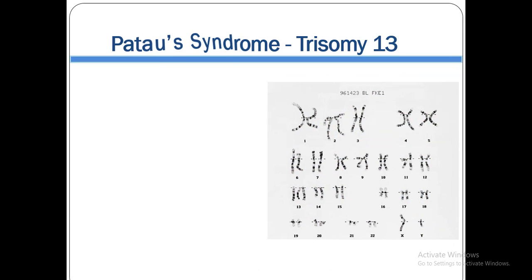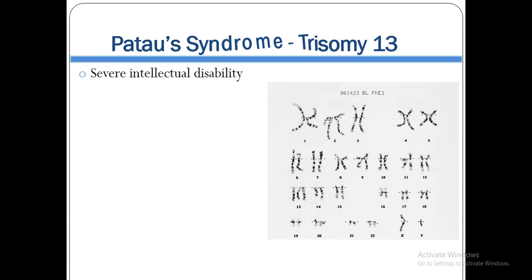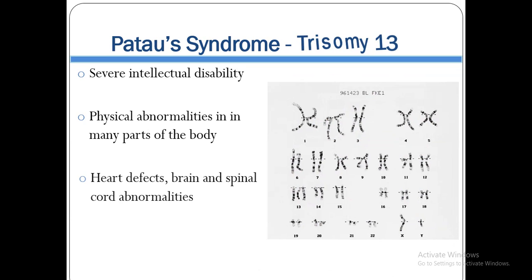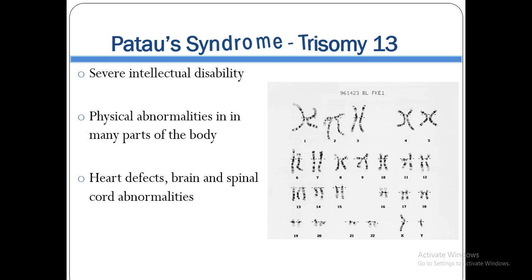Now, enough with the aneuploidy that can be found in the sex chromosomes. We will be moving on to the aneuploidy that can be found in your autosomes. First in line is Patau syndrome, which is trisomy 13, meaning there is an extra chromosome in chromosome 13.